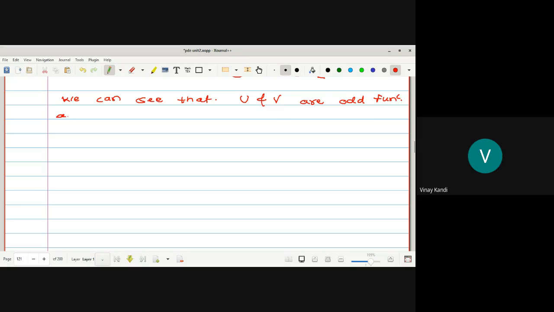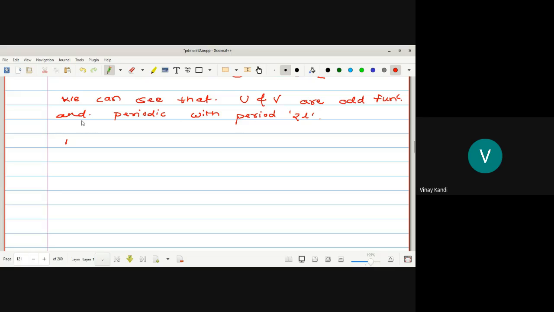Okay, odd functions and periodic. हा तुमचा periodic function with period 2L. Okay, period किती तुमचा 2L.